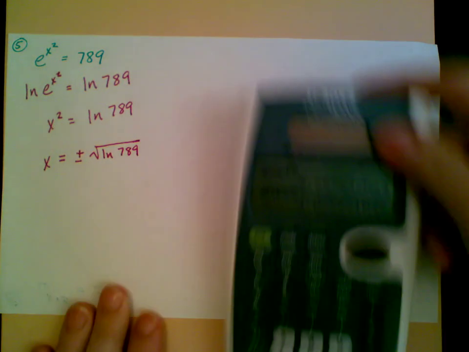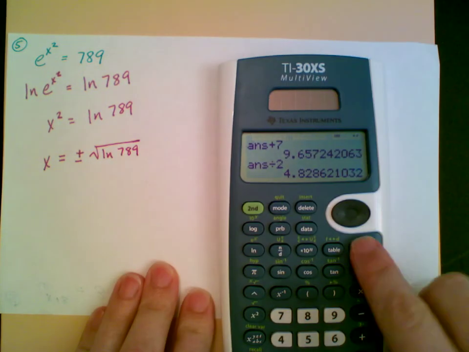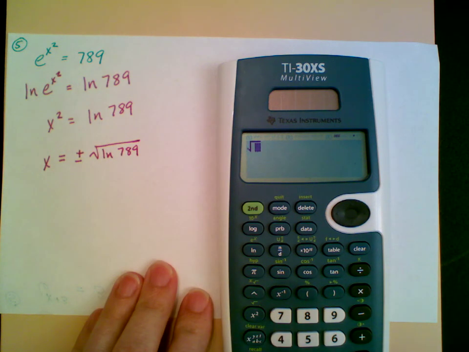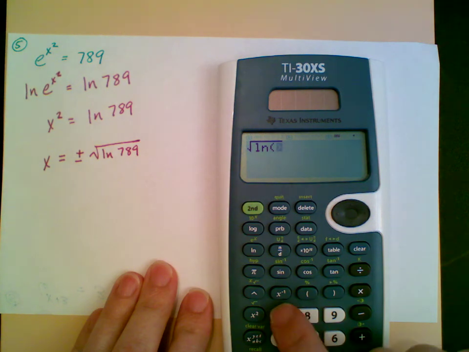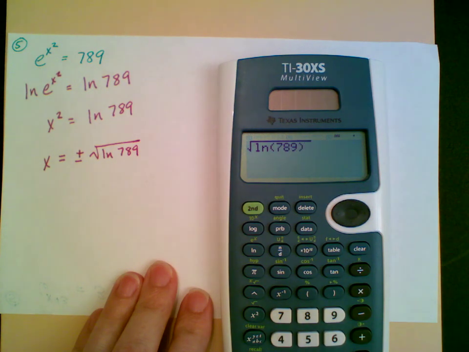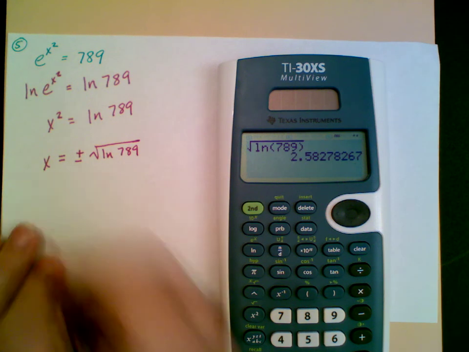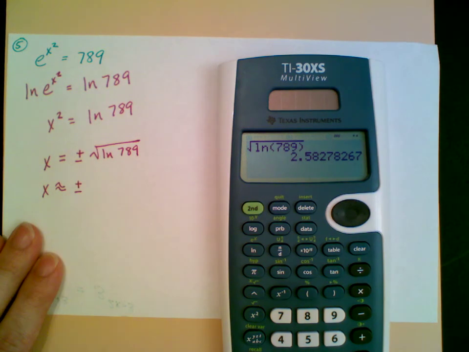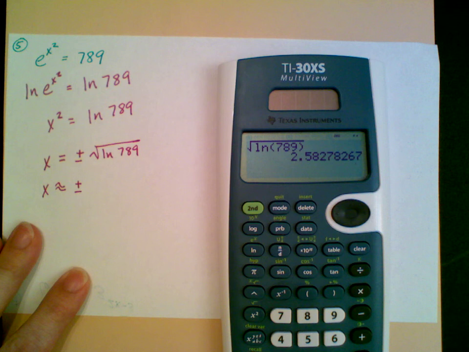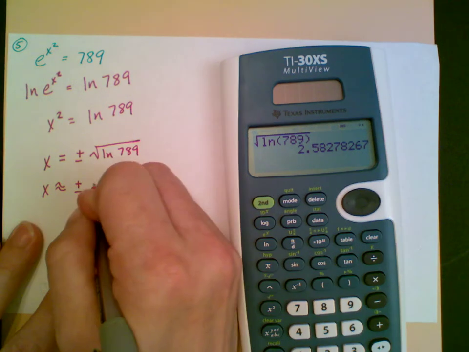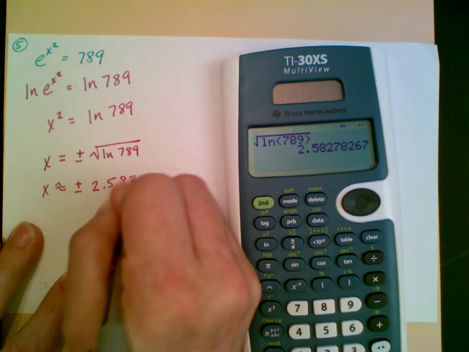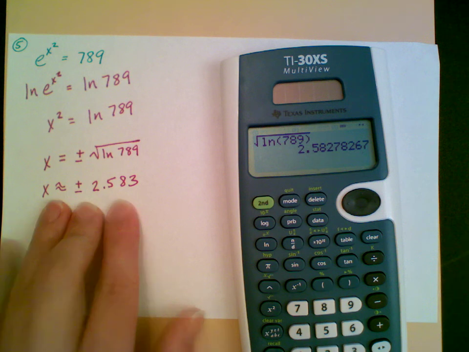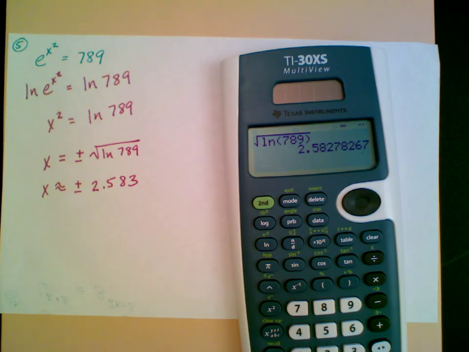So I can break out the calculator one more time and type in the square root of the natural log of 789. So x, now it's an approximation, is approximately equal to plus or minus 2.583. And so there we have our decimal approximation.